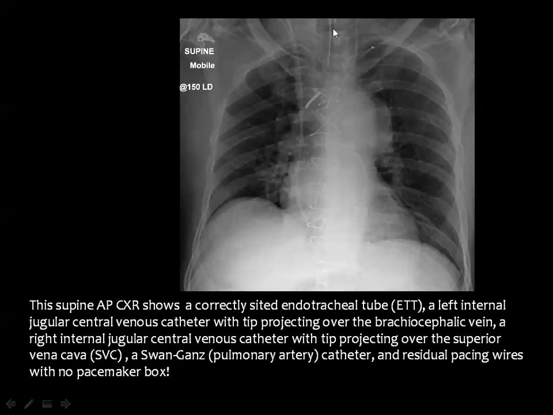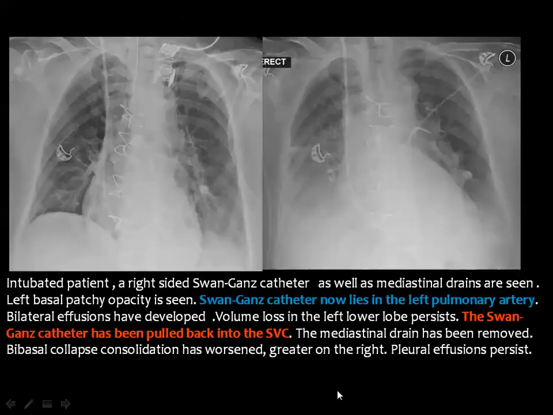Also, you can see the endotracheal tube well positioned proximal to the site of the carina. And here you see a central venous line which is located in the internal jugular vein, another central venous line which is crossing through the innominate vein to the superior vena cava.